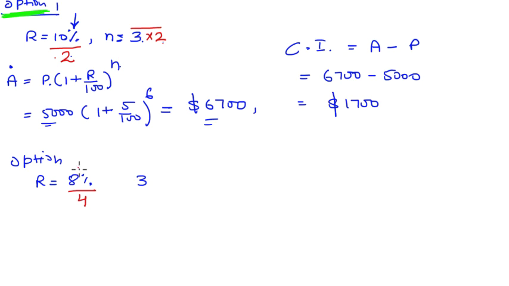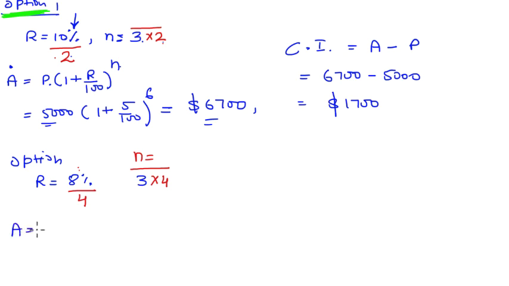So we have to convert our annual rate of interest to the quarterly rate of interest, okay? And since we are dividing the rate of interest by 4, we have to multiply the total number of years by 4 to get the total number of compounding periods, the n, right? Now, once again, we have everything we needed.